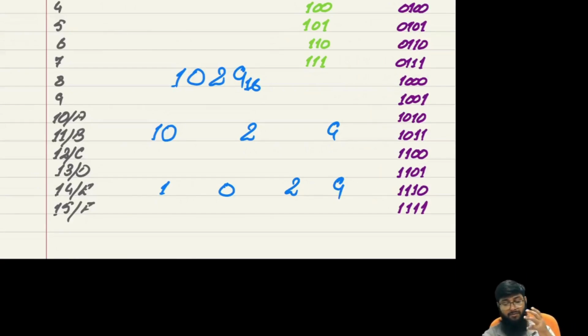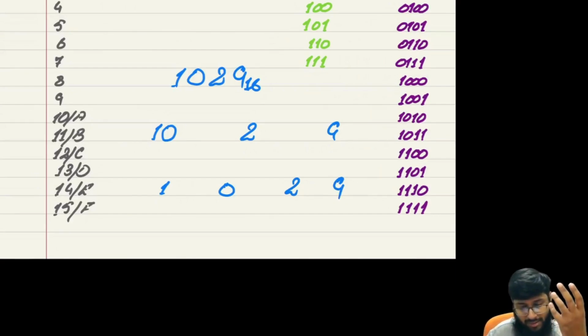It will be giving you a mess or something like that. You will be in confusion whether it's 10 to 9, or 1 0 to 9.